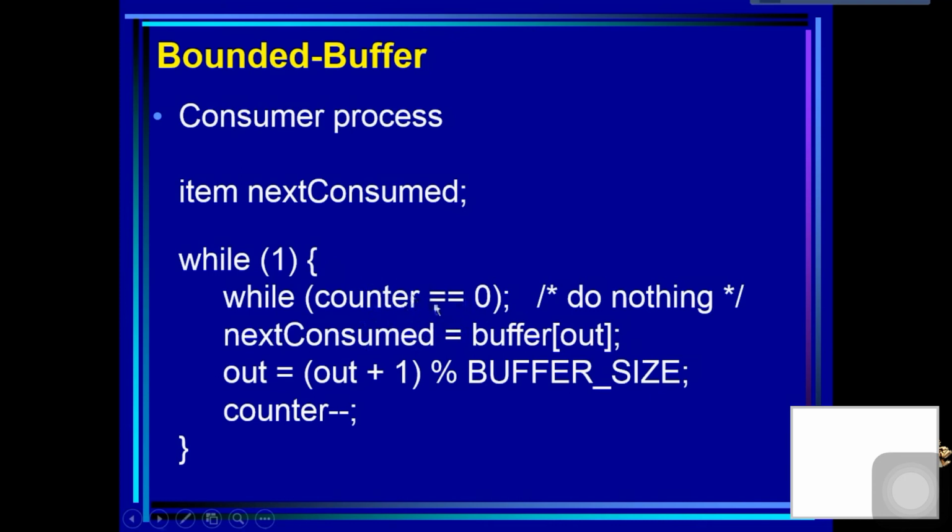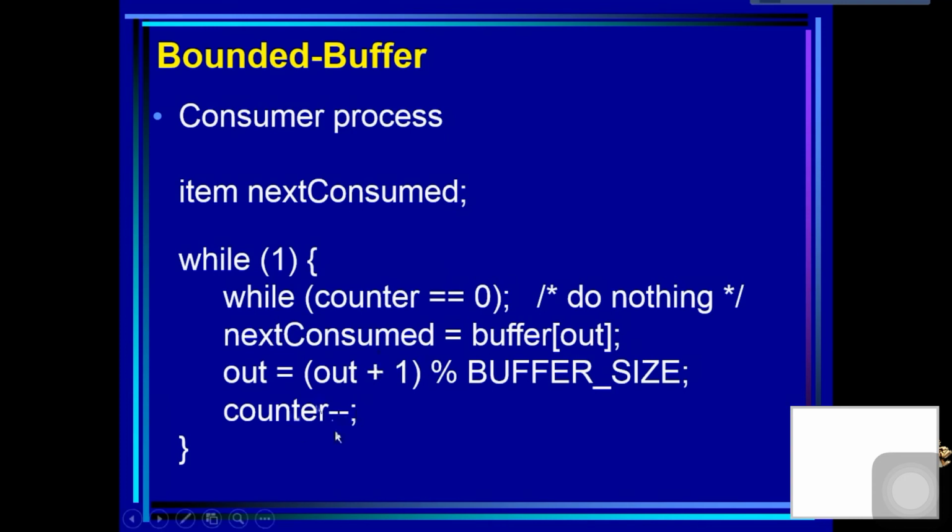If this condition isn't satisfied, then that means there is an item that the consumer can retrieve. So the consumer will retrieve an item from the buffer, put it in the local variable next consumed, and move the out pointer to the next full position.